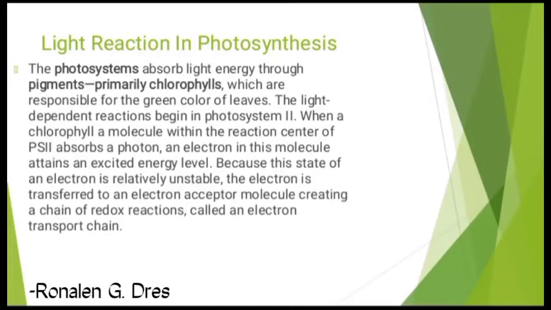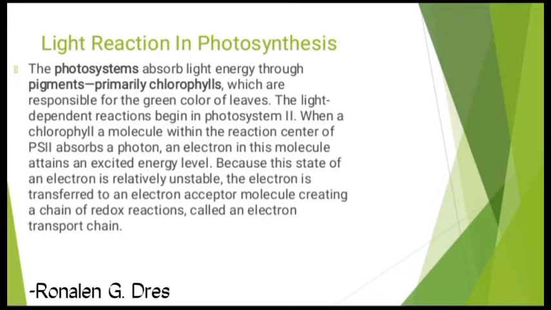Light reaction in photosynthesis. The photosystem absorbs light energy through primary pigment chlorophylls, which are responsible for the green color of leaves. The light-dependent reactions begin in photosystem 2, when a chlorophyll a molecule within the reaction center of PSII absorbs a photon.